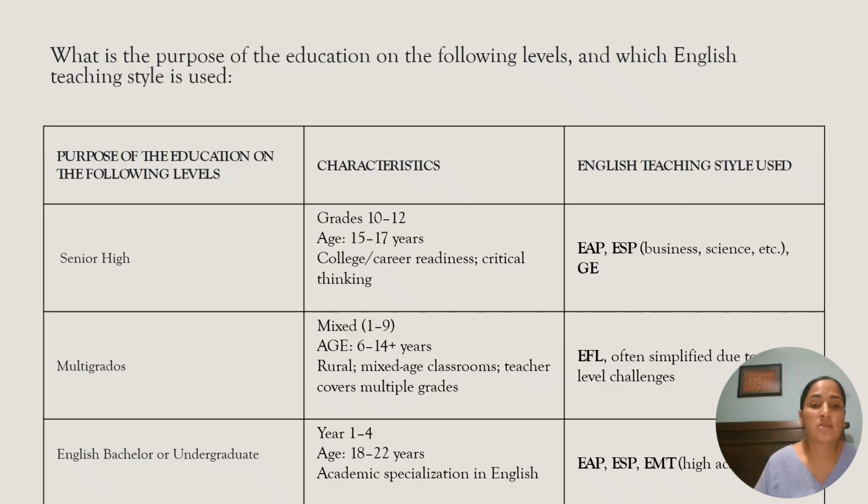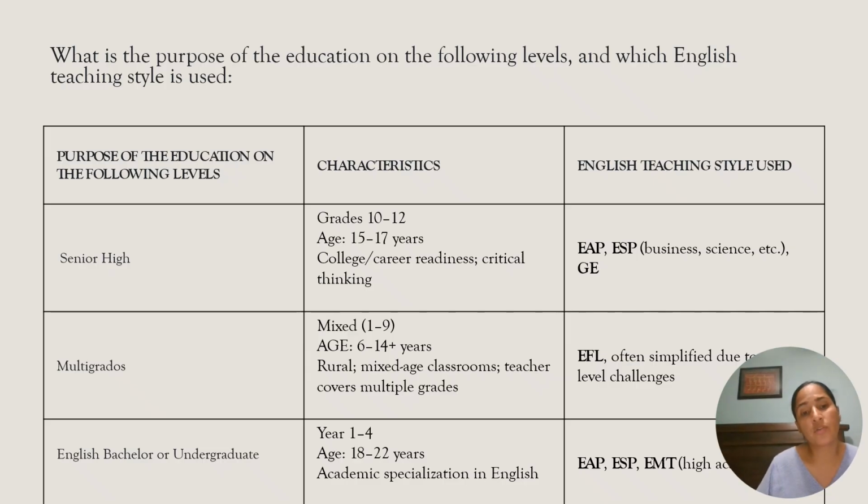The multi-grades are from 1 to 9, mixed groups, and the age is from 6 to 14 and plus. The groups are normally rural, mixed-age classrooms, and teachers cover multiple grades. They're focused on the teaching style of EFL, English as a foreign language, often simplified to the level of challenges.